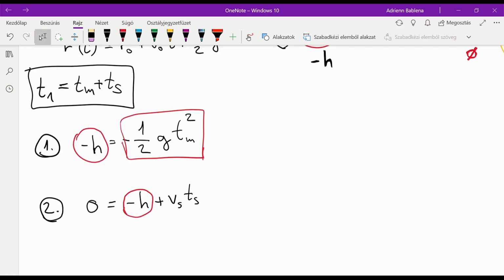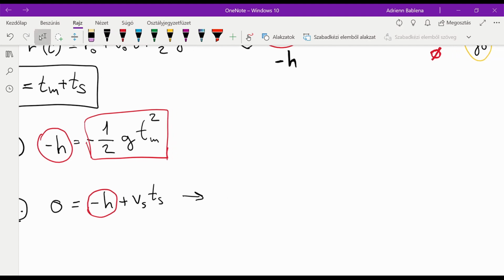Let's write this. So first, from the first equation, we know -h is -1/2 g Tm square, and we can see -h in the second equation. So write it in it.